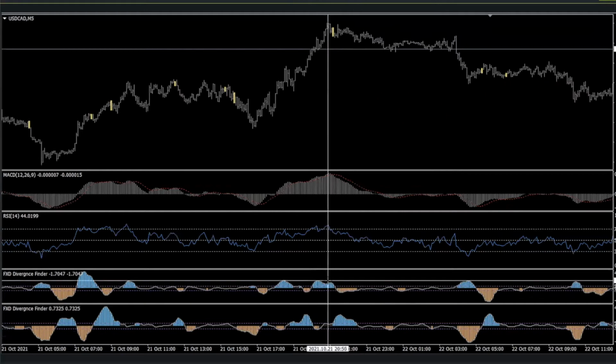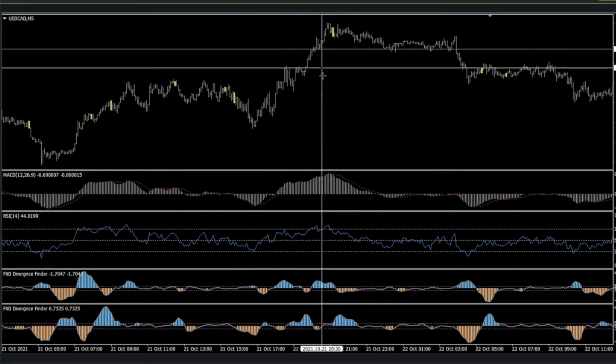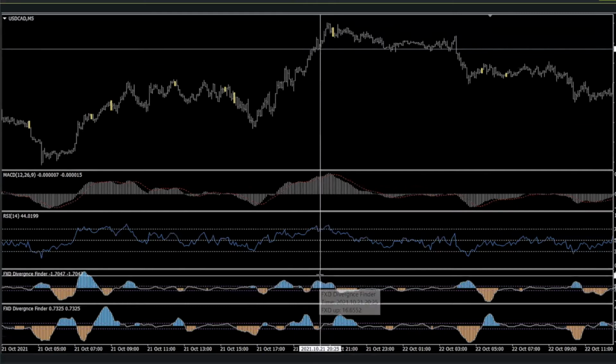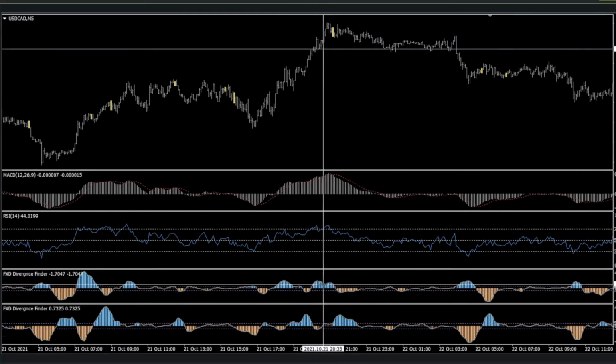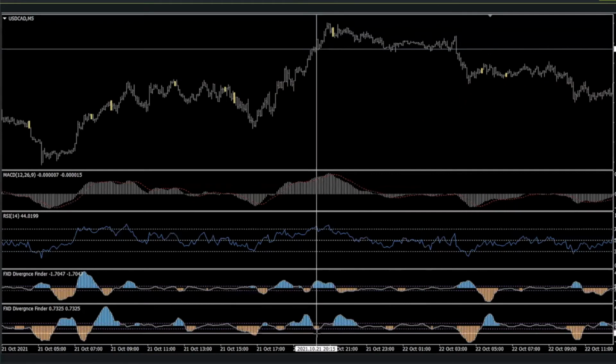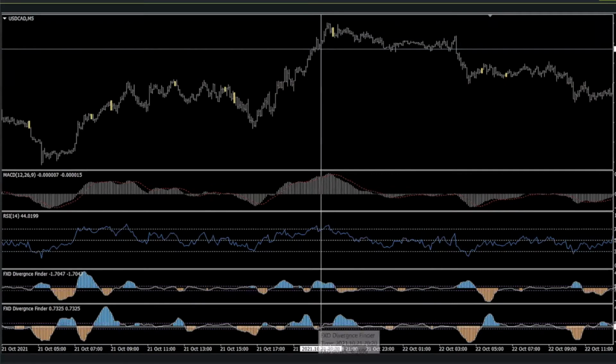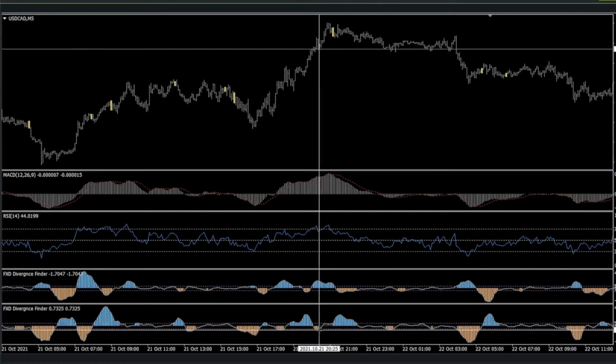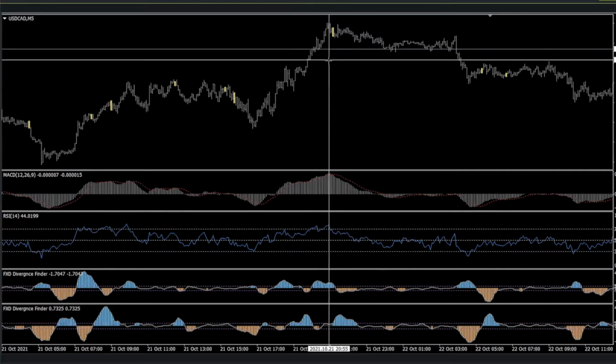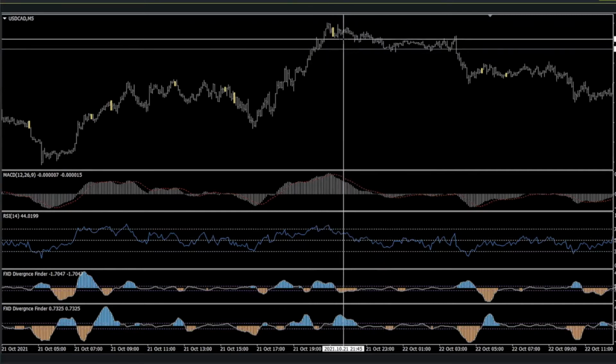So whenever you see this, that in an uptrend, the uptrend indicator is giving you a divergence, plus the downtrend indicator is giving you a start of a move down. This means that we should anticipate a beginning of a correction.